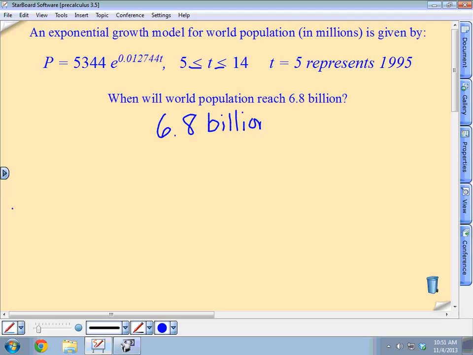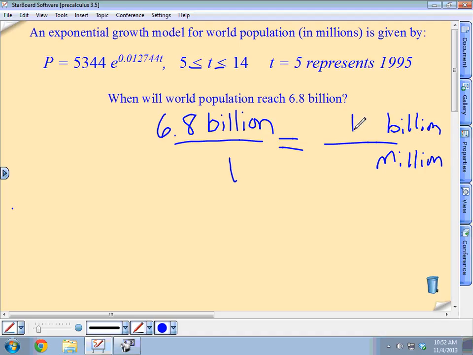So I still do it like this. 6.8 billion over 1 equals, and how many billion are in a million? Don't you convert units this way? You just do them in your head and kind of try to figure it out? Yeah. All right, well, how many millions are in 1 billion? 1,000, right?